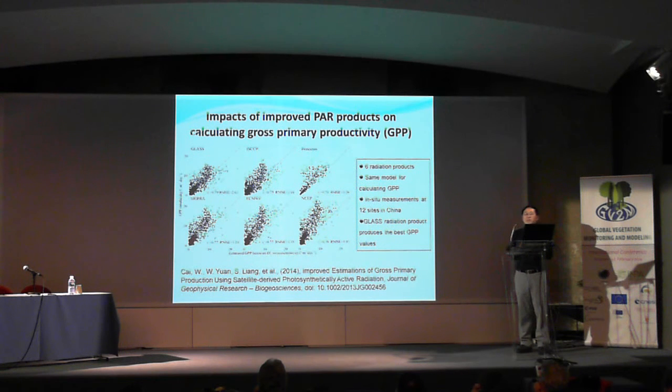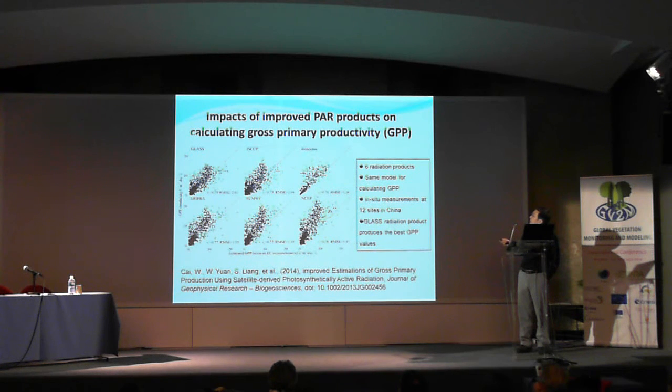So what's the big deal? What's the high improvement of the PAR product? Here is just one example. We're using a radiation efficiency model to calculate the GPP, as given in multiple presentations in this meeting. Now we're using 6 different radiation products.